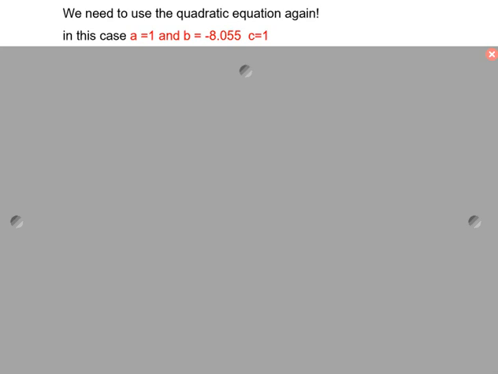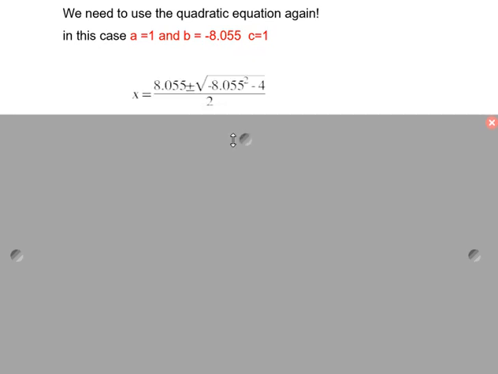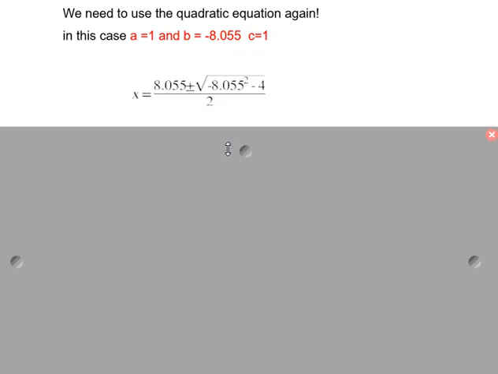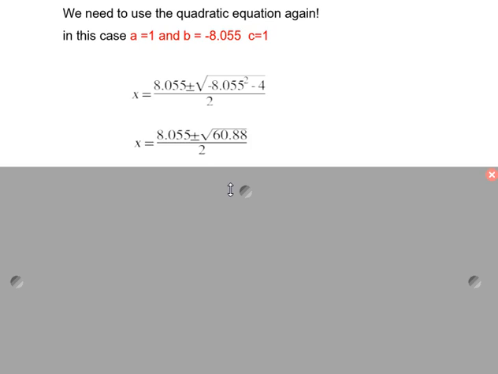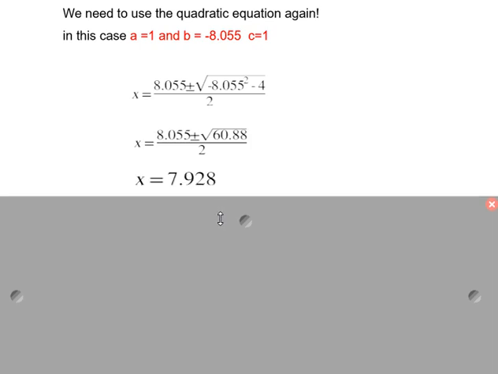We need to use the quadratic formula again. In this case, a equals 1 and b equals minus 8.055 and c equals 1. We put those in the equation like this, and if we solve that, we end up by saying that x equals 7.928.